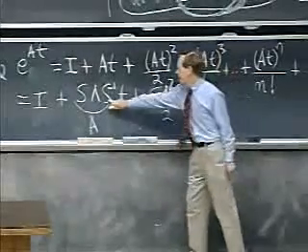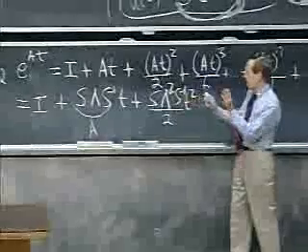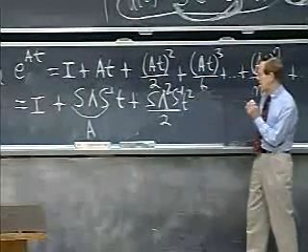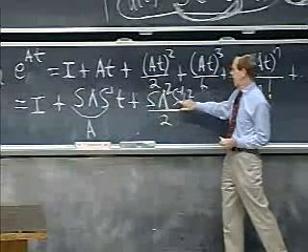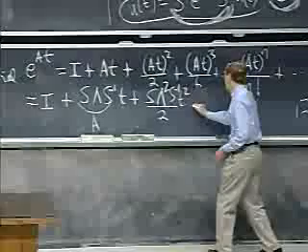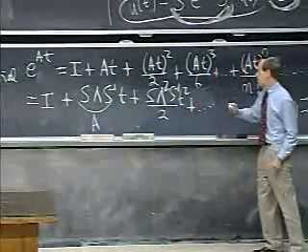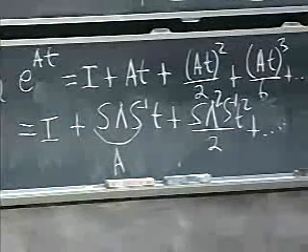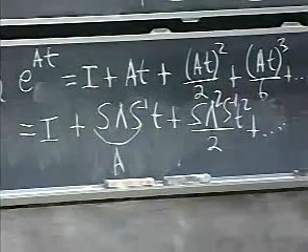When I square that thing, an S cancels out an S inverse. I'm left with the S on the left, the S inverse on the right, and lambda squared in the middle, and so on. The next one will be S lambda cubed S inverse times T cubed over 3 factorial.